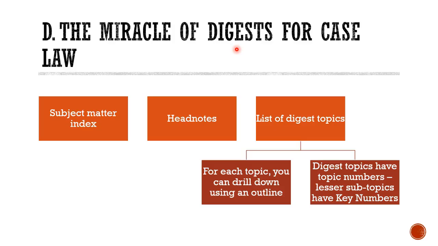You find them in the headnotes, and so the cases themselves will include headnotes. I'll talk about that on the next slide. But those digest topic numbers and key numbers are also in the headnotes, which gives you a directional to other cases about that topic and key number. It's a brilliant system.